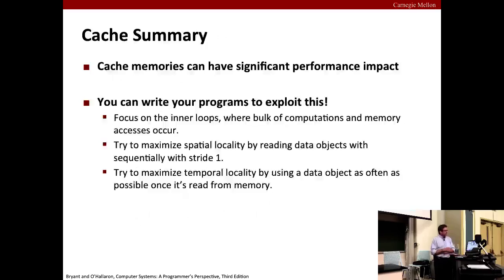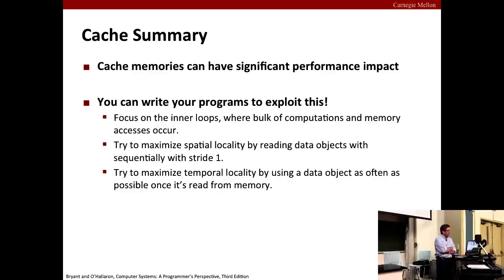All right, so the point that I wanted to make with you is that cache memories, although they're built-in automatic hardware storage devices, and you can't really control them, if you know about them, you can take advantage of your knowledge and exploit them and make your code run faster.